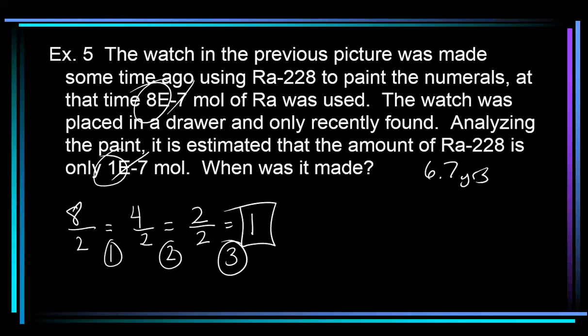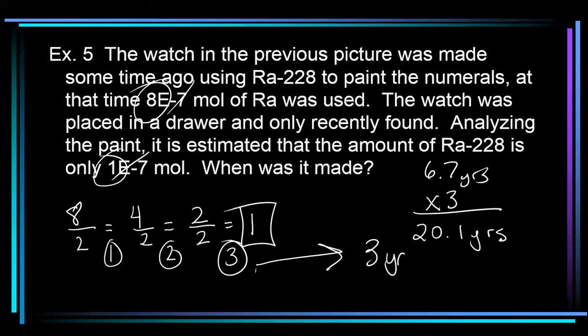So, how many half-lives? 3. Each half-life takes 6.7 years. So how many years ago was that watch made? Around 20 years ago.